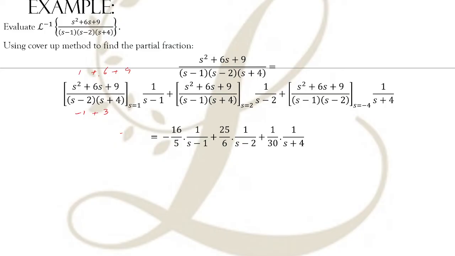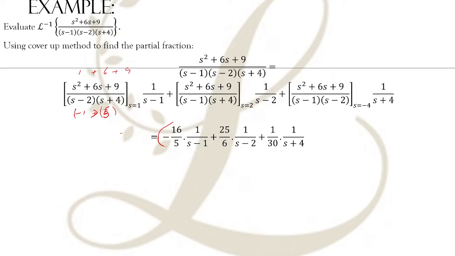So this is 16 and this is 2, multiplied by this one. Okay, sorry, we are putting 1 in this, so here it will be -1 and here it will be 5. So we have 16 divided by 5, and -1 comes from here.